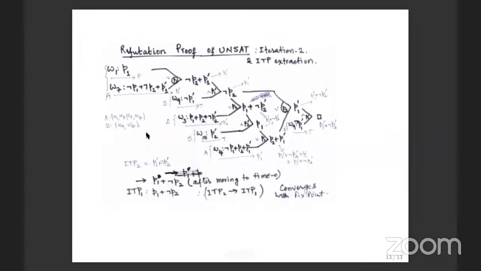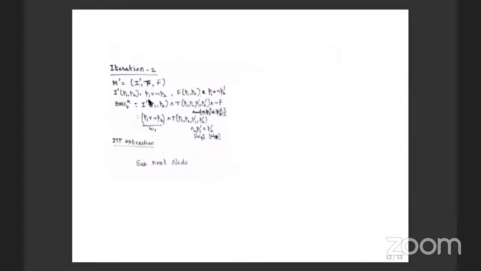Then you extract. So I'm making the BMC formula with the enlarged initial state. That's what I prime P1 P2 is.